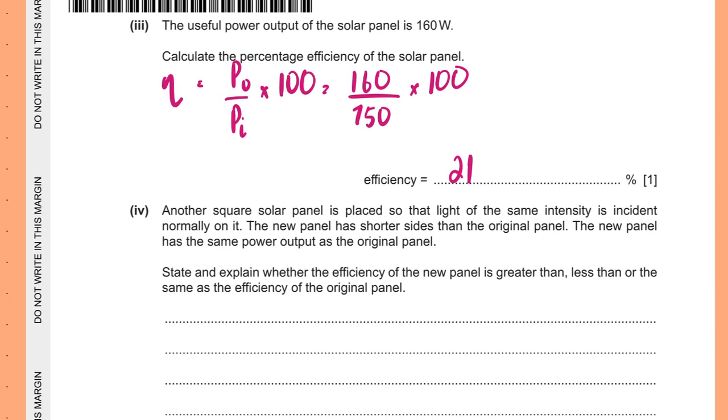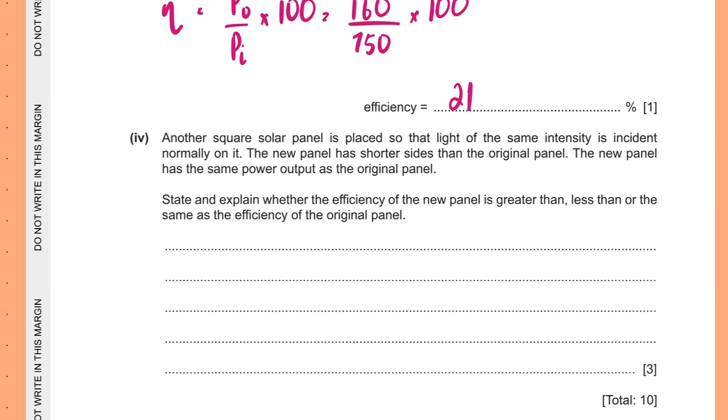Next, another square solar panel is placed so that light of the same intensity is incident normally on it. So what this means is that the input power is going to change because the intensity is the same, because this one has shorter sides than the original panel, right?